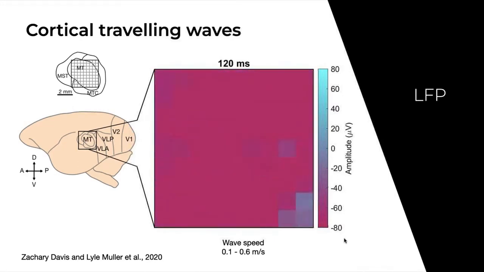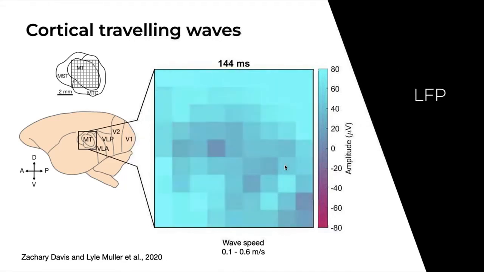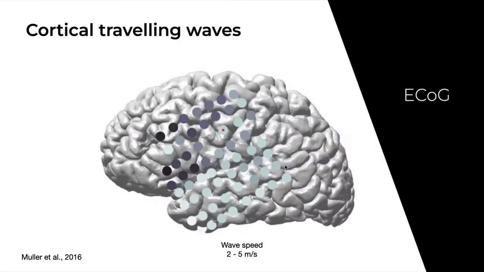All right, and what we see here is a set of voltage fluctuations. In this example, you see a 3D reconstruction of an epileptic patient's brain. Sometimes if epilepsy cannot be treated with medication, these people have the option to undergo surgery to remove the epileptogenic tissue.